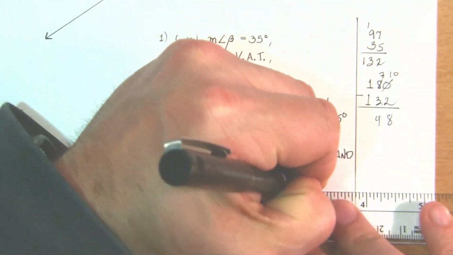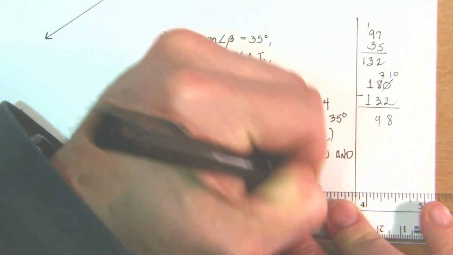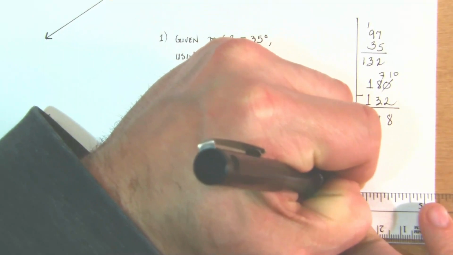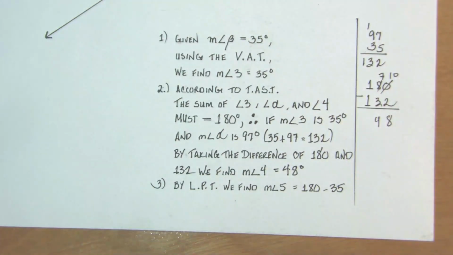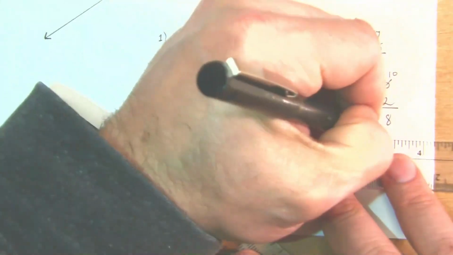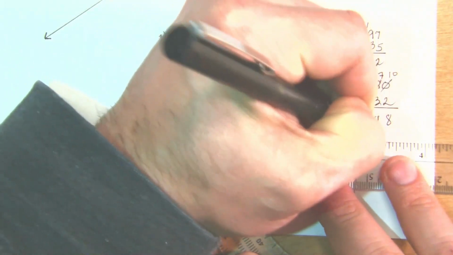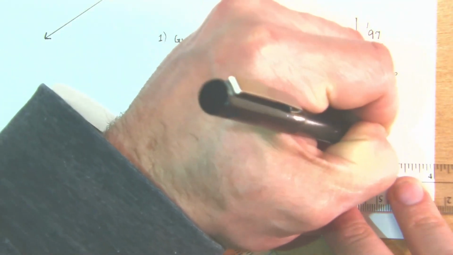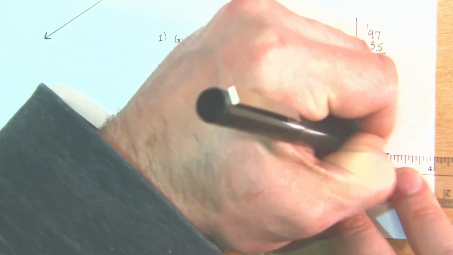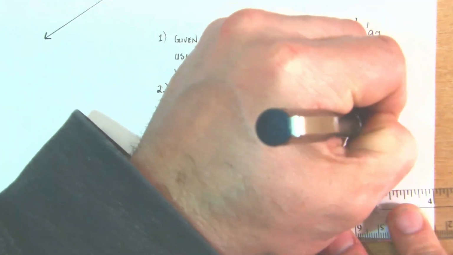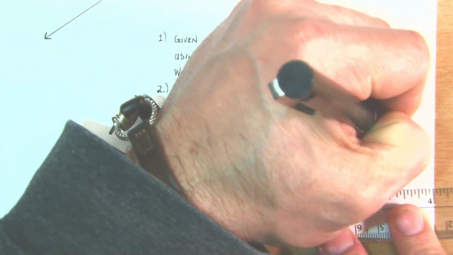So we'll write that down, 180 minus 35. Okay, well, what is that? 180 minus 35. That's going to give us 45, right?